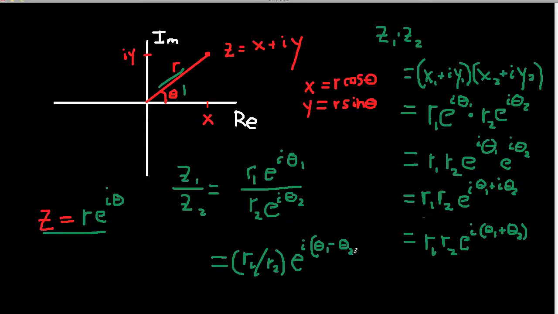So this makes multiplying and dividing complex numbers really easy if we use this polar form notation, where instead of writing it in Cartesian form like this, we write z equal to r e to the i theta. The polar form notation is by far the easiest way of writing complex numbers when we're doing multiplication and division.